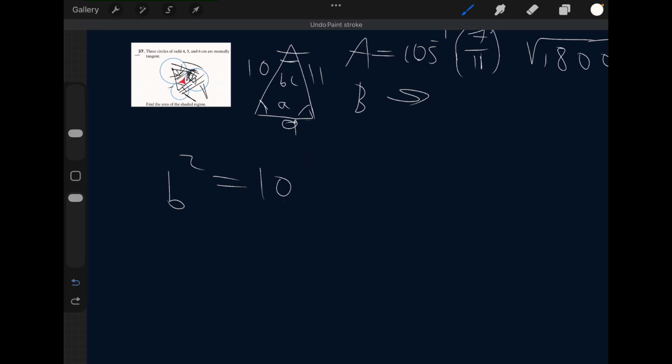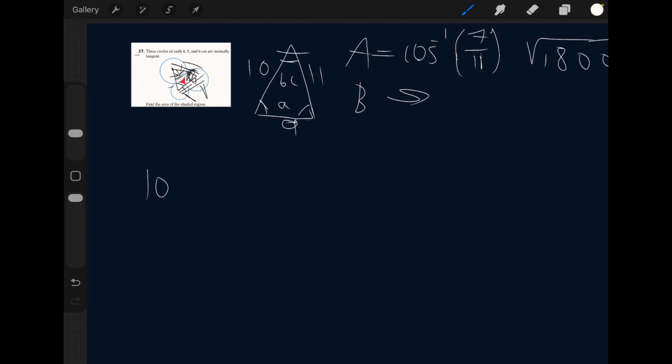So doing the same things as before, we'll get that 10 squared, which is 100, will just equal 81 plus 121 minus, let's see, we're finding the angle B, and that was A, that's side B, and then that will be angle B. Okay, so that will give us minus 2 times 9 times.